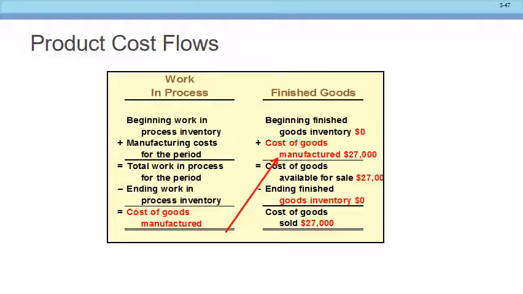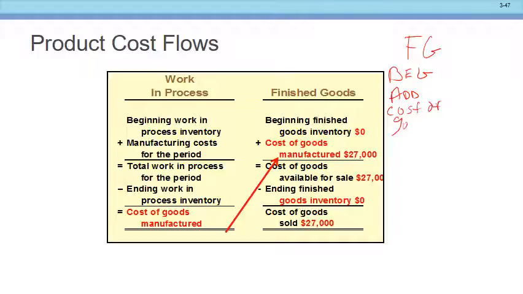So I sit there, and for my finished goods, I'd have the beginning balance. My add is what? Cost of goods manufactured.